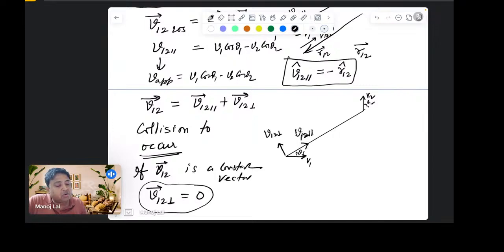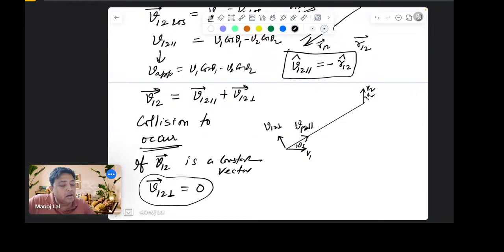If it is not 0, then how will they collide? It will collide only when the velocity is only along the line of sight.